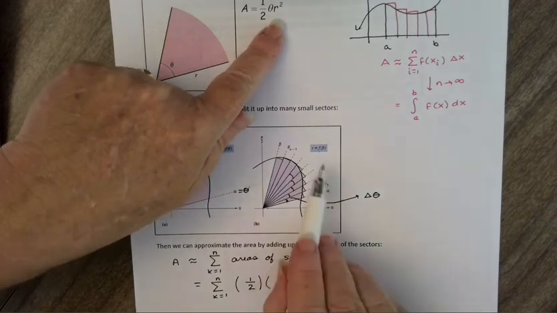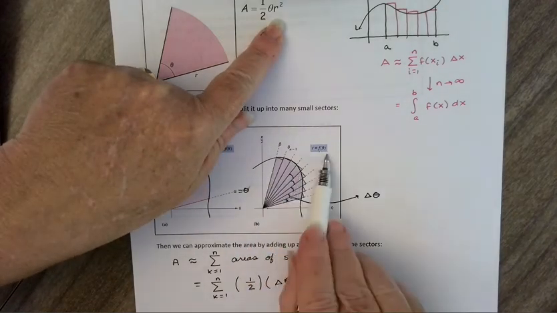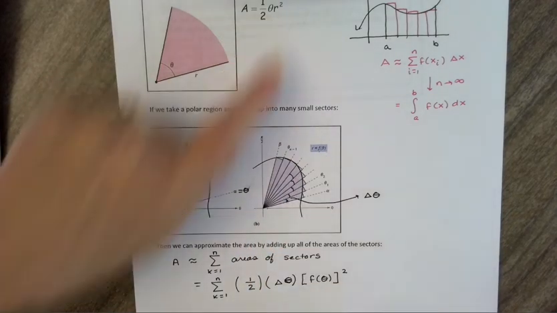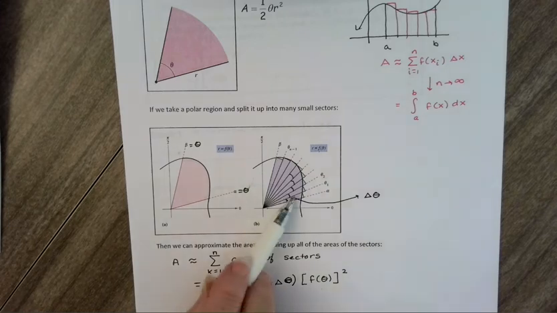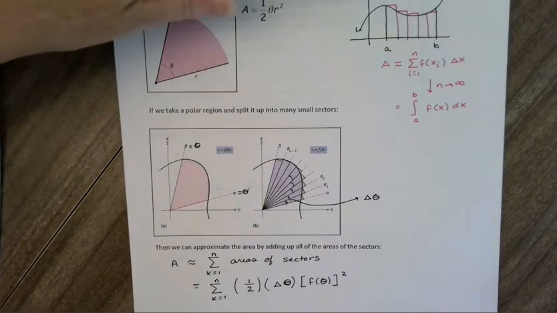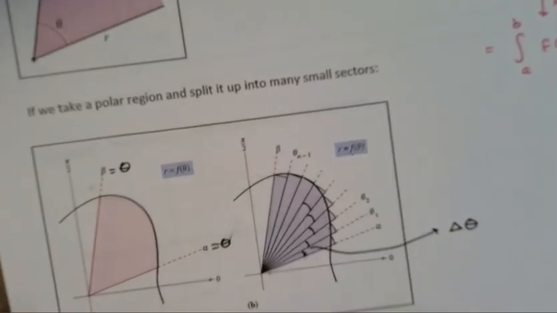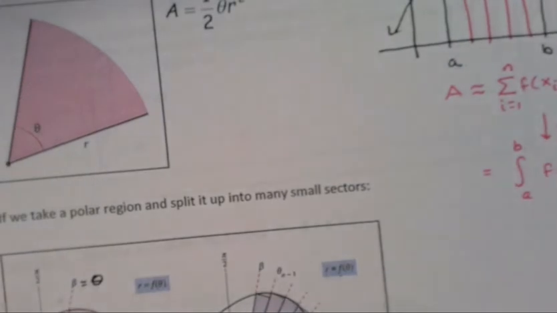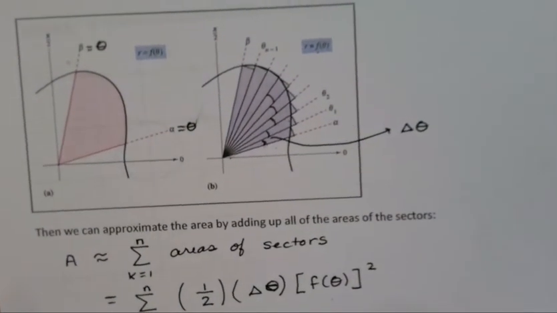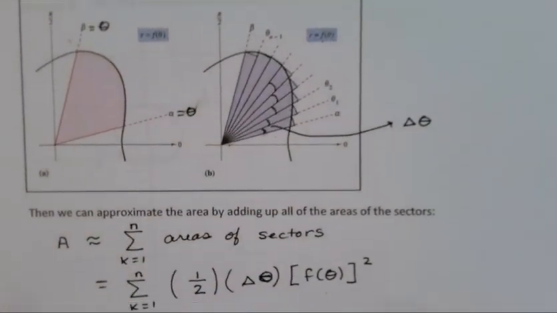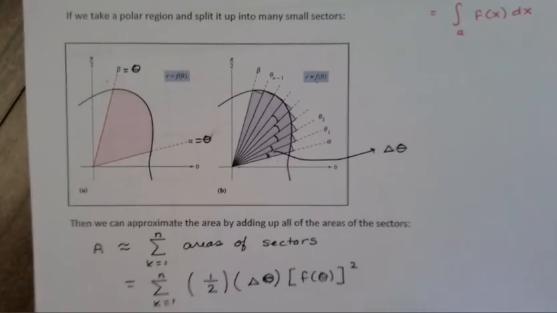And the r is our curve, r equals f of theta. Okay? So it's that whole sector formula written for each of these little tiny pieces. Great.